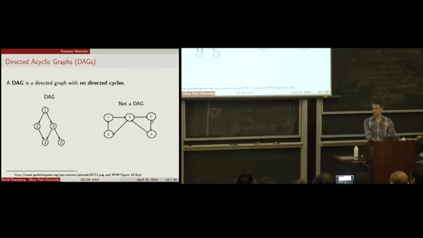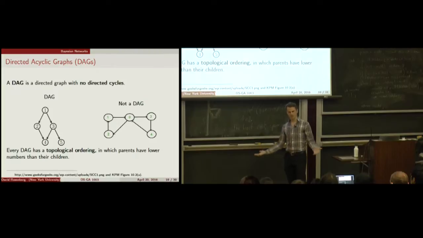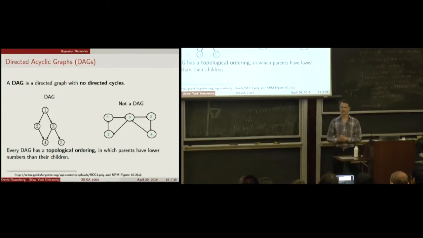So that's a directed cycle. This is not a directed acyclic graph. Acyclic means no cycles. So, yes or no to your question: we do not allow directed cycles in the graphs corresponding to a Bayesian network. It's DAGs, acyclic.